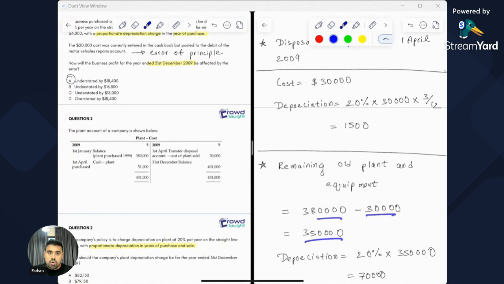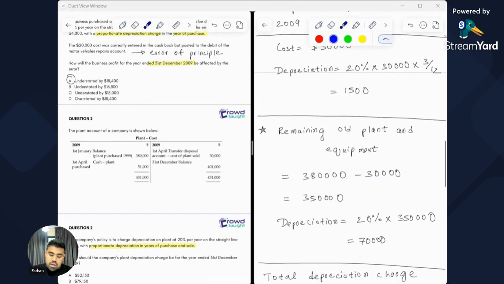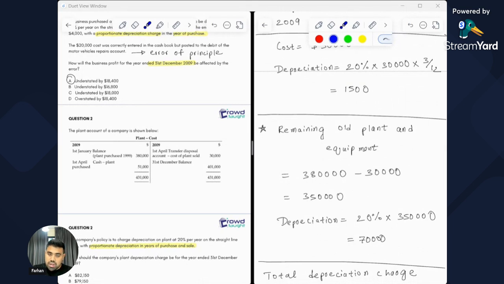Remaining old plant and equipment, we understand that because it's remaining in the books, it means that they have been used for the entire financial year in 2009. Therefore, the depreciation is simply calculated by multiplying 20% with 350,000 for the remaining old plant and equipment, which is $70,000 altogether.